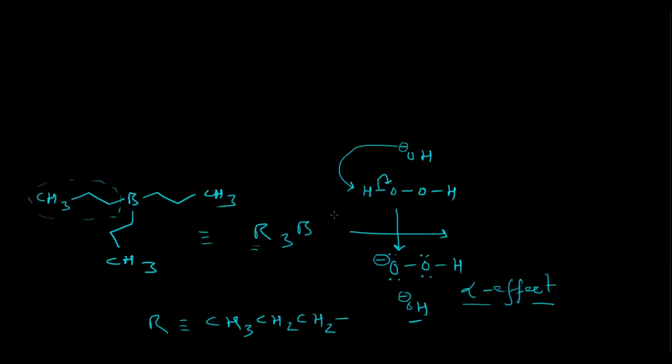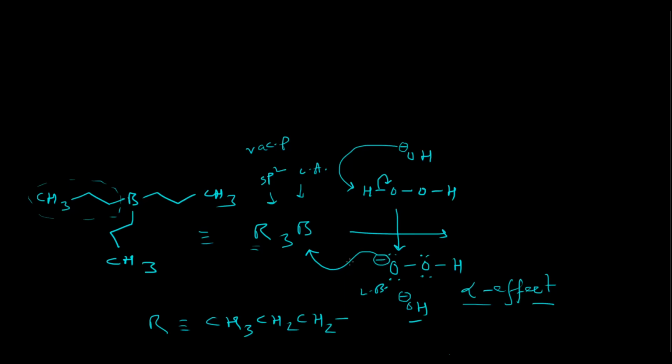So now let us consider our reaction. This hydroperoxide anion will attack the boron center, which is sp2 hybridized and contains a vacant p orbital. So it is Lewis acidic in nature, and here the hydroperoxide anion will behave as a Lewis base.